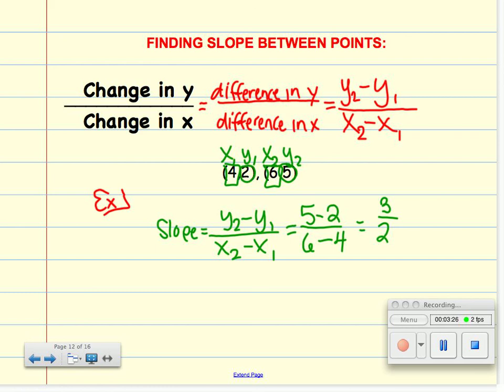I want you to analyze the slope for a second and think to yourself, would this be a big slope or a small slope? Remember that this 3 represents how our height is changing, and this 2 represents how my distance is changing. So it looks like my height is increasing faster than my distance, so that would be a steep slope.